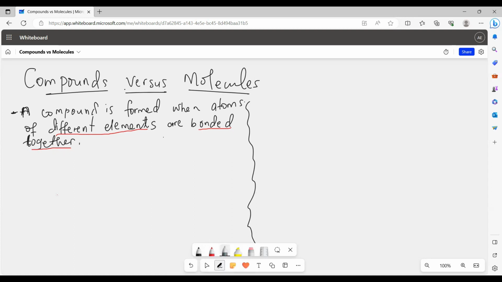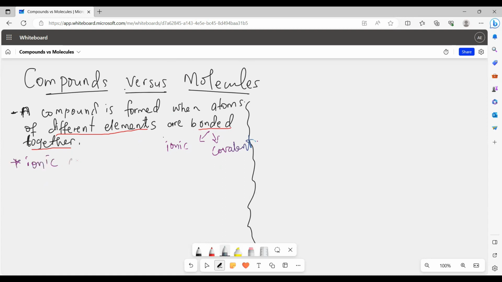The next thing is what are some of the examples of compounds? We could have two kinds of compounds. Remember, we said bonded together, and when bonding is concerned, bonding could be ionic or covalent, right? So you could have ionic compounds.